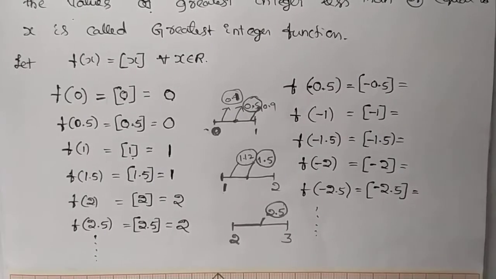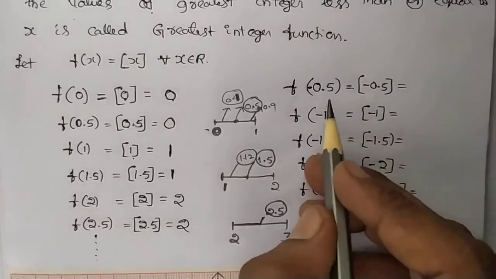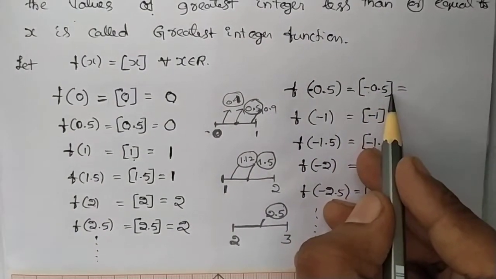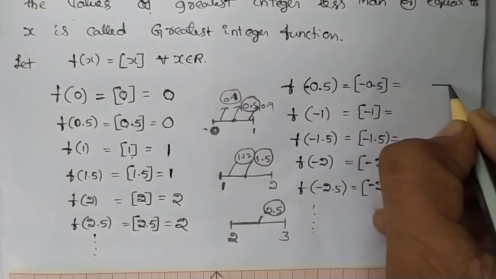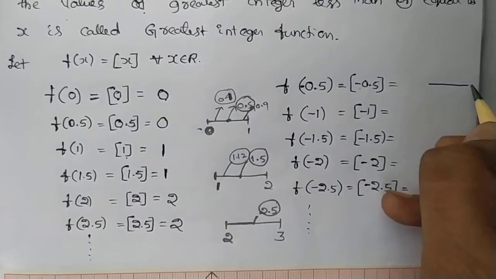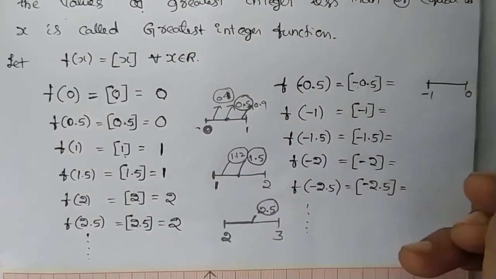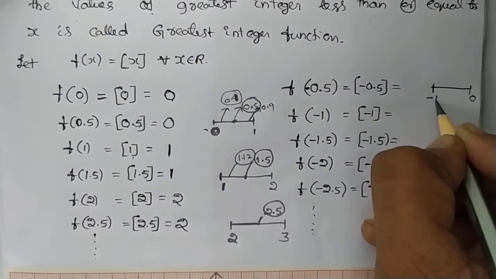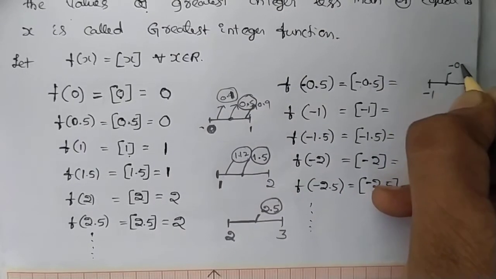What if we come to the negative values? The greatest integer for the value minus 0.5, it will be what? You just take a number line. It is 0 and it is minus 1. Minus 0.5, here it will be minus 0.5.